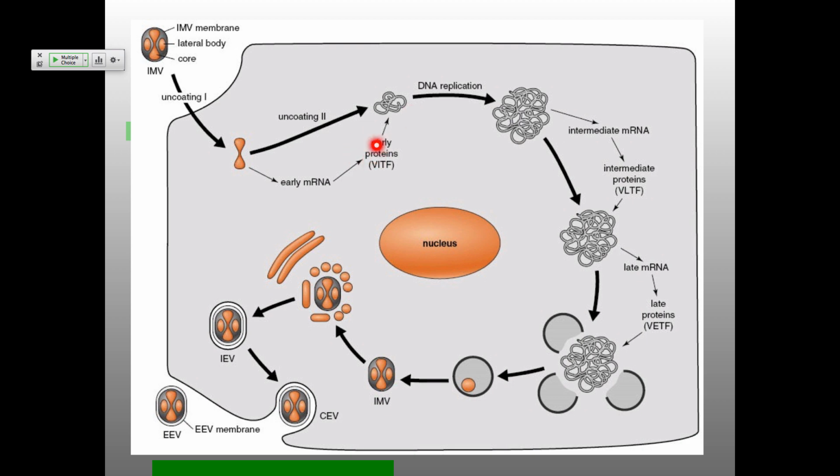So again, in the absence of any nuclear proteins, you have all the proteins you need to make messenger RNA to start to make these early proteins. The most important of these early proteins are these VITFs. What the heck is a VITF? A viral intermediate transcription factor. Here are the stages: we've got early genes, intermediate genes, and late genes. The early ones are going to be involved in making more of the genome and also making the proteins that you need to make intermediate proteins.